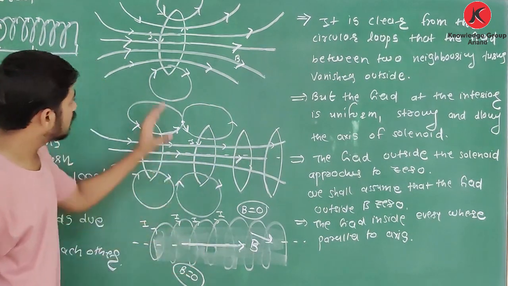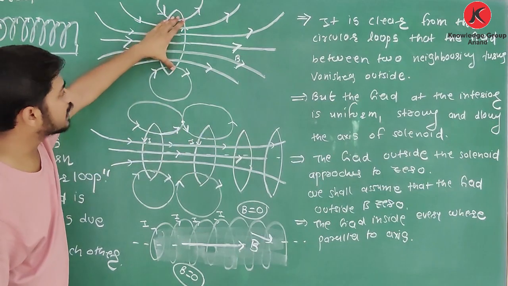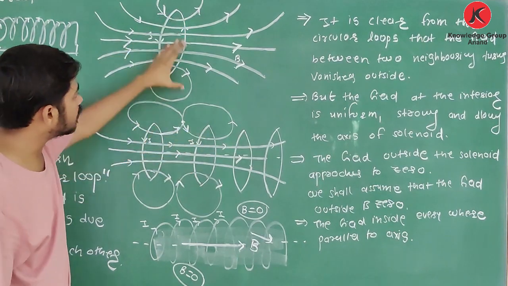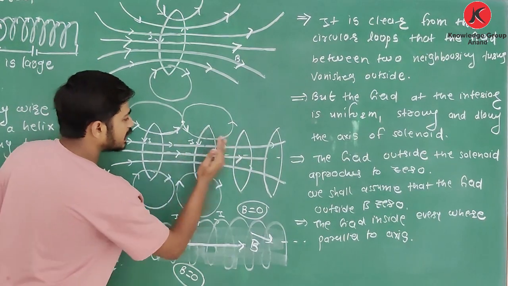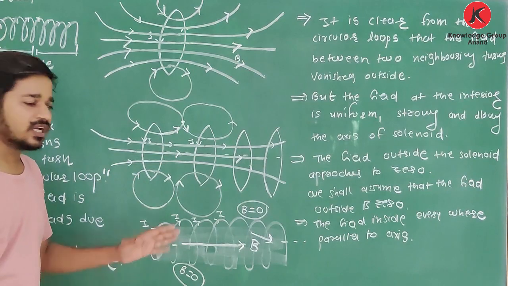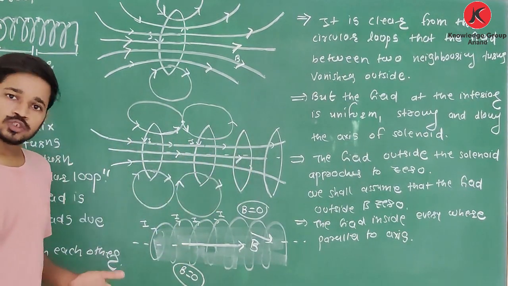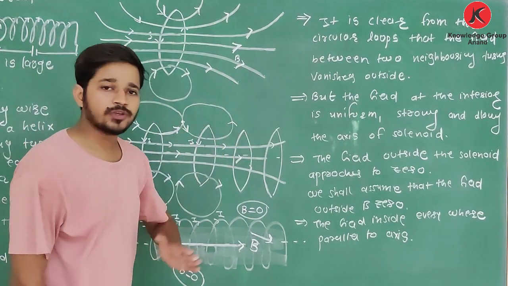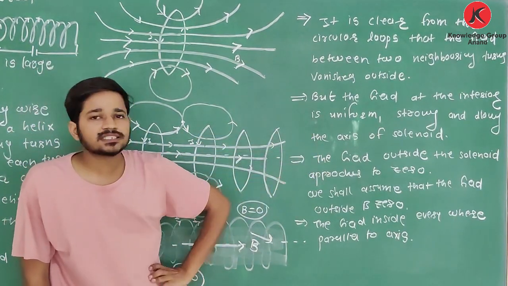Why strong? This pattern is due to one loop, again this pattern due to a second loop, again this pattern due to a third loop. If you overlap them side by side, you will find that each and every magnetic field line is in the same direction, parallel. Yes or no? So they add up. So it becomes uniform, strong, and along the axis of the solenoid.